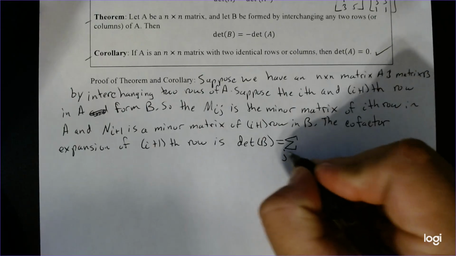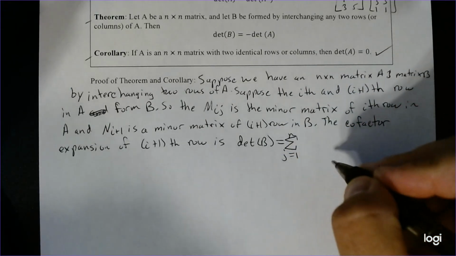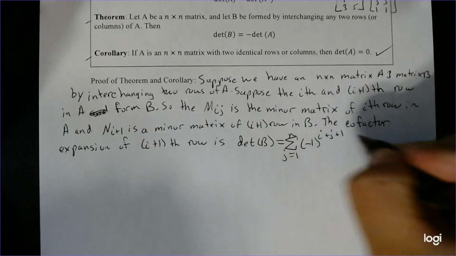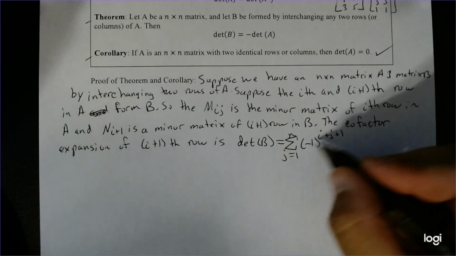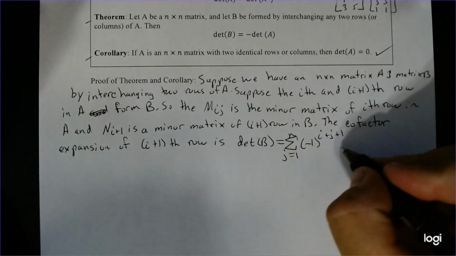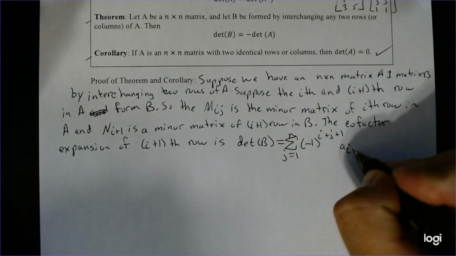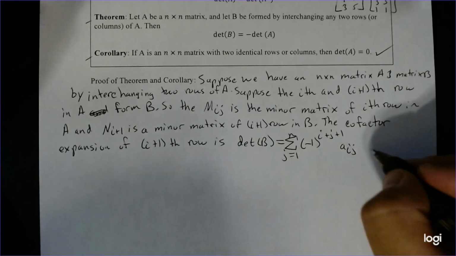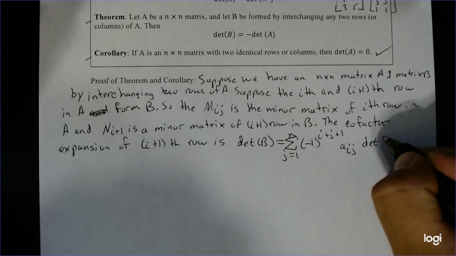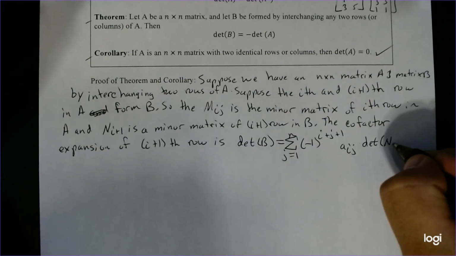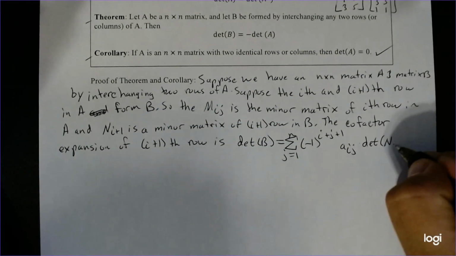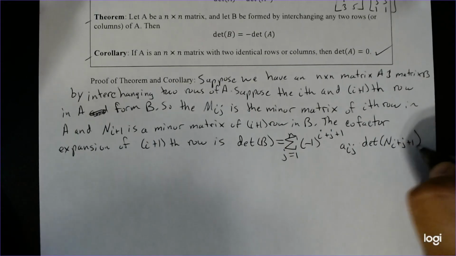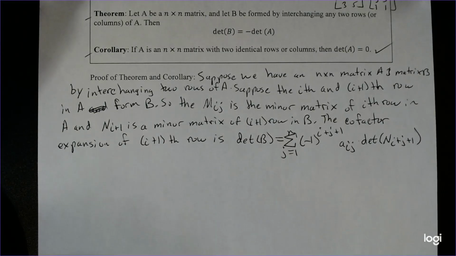It is equal to the sum of the sign, whether it's positive or negative, times the actual entry of the matrix, times the determinant of the minor matrix, more precisely the minor matrix of the (i+1)th row.